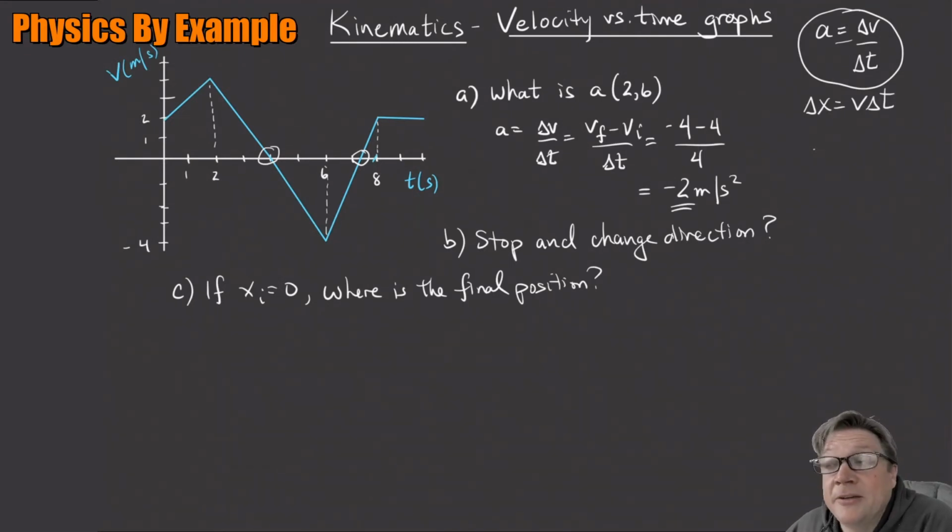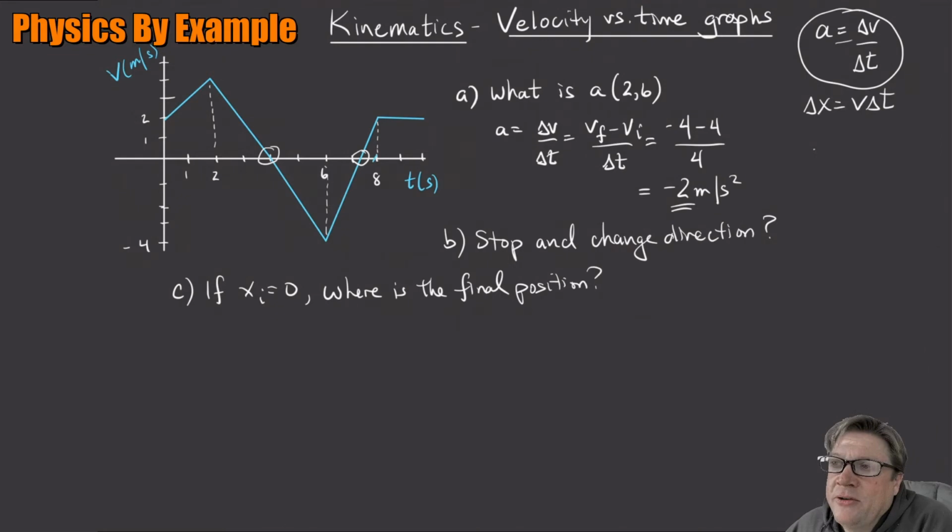What are we going to do? One formula is probably not going to be good. We can't just plug a number into one thing and get the answer, because the velocity is changing all over the place. So instead we're going to do this piecemeal. There are a couple of different ways you can do it.